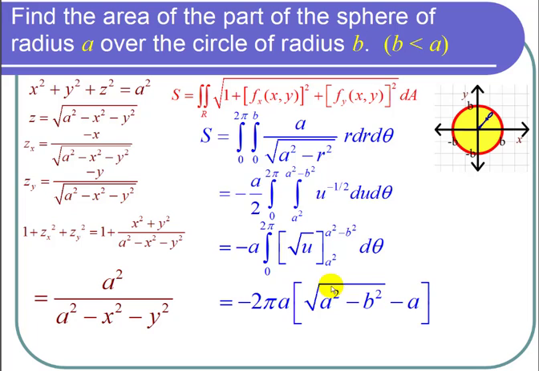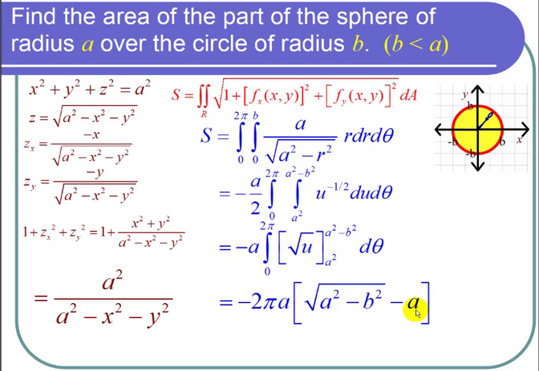And also, the integral from 0 to 2 pi of, this is a constant with respect to theta, d theta, is just 2 pi. So I can pull out the 2 pi, and I can write negative 2 pi a. When I plug in a squared minus b squared, I get root a squared minus b squared. And when I plug in a squared, I get root a squared, so it's minus a.